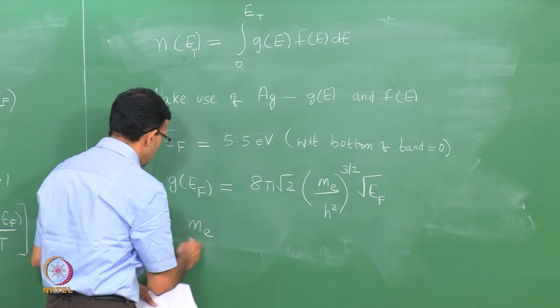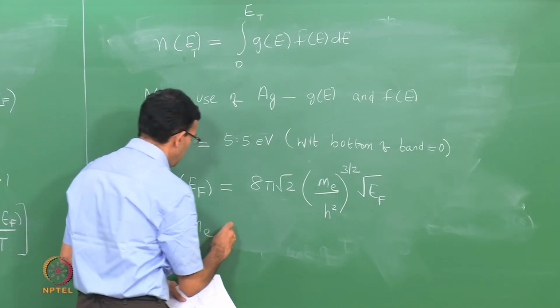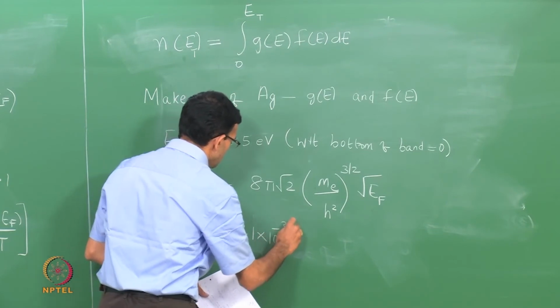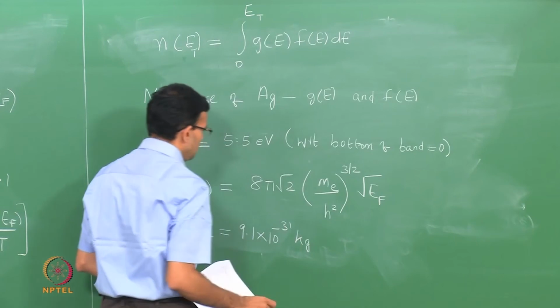We can plug in the numbers in SI units. Me has the value of 9.1 times 10 to the minus 31.